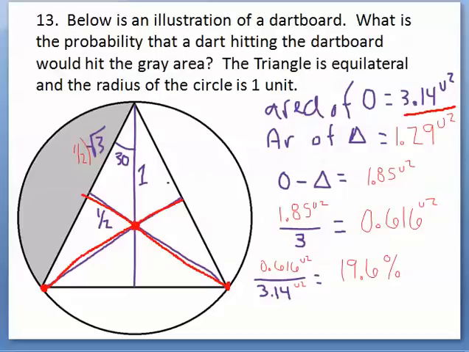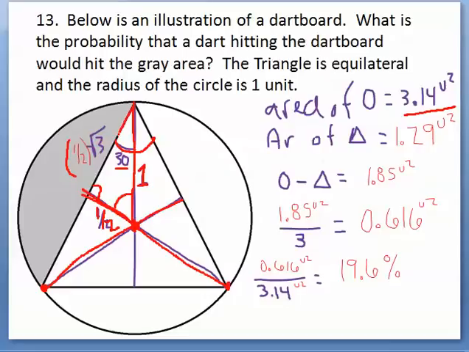And since I have a regular 3-sided equilateral triangle, the center of it happens to be the center of the circle, which means that the radius of 1 now becomes the hypotenuse of a right triangle that I have right here. And since this was 60 degrees, half of that is 30, so I wind up having the 30, 60, 90 triangle, this being 60, which means that if this is 1, then that means this is 1/2, and then that means that this right here is 1/2 square root 3.